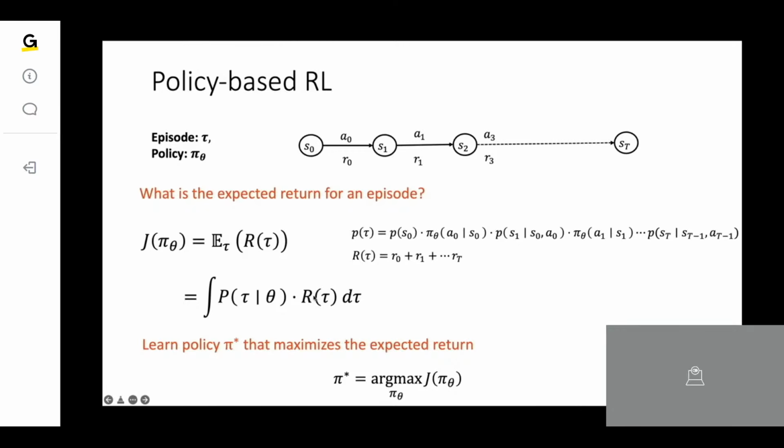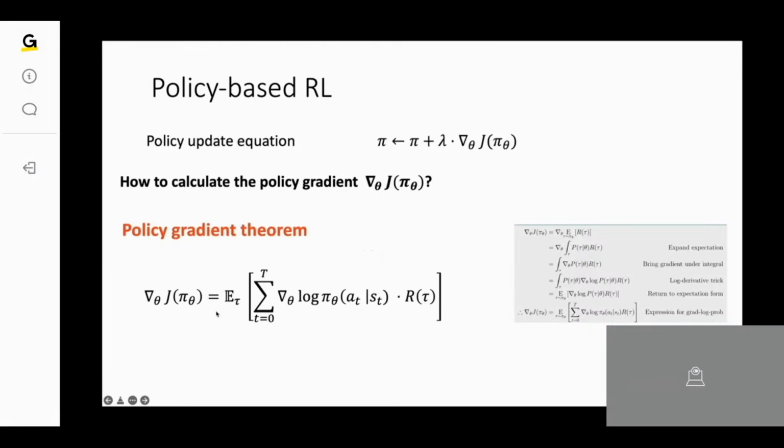Sorry, I have to go back and forth. You take a log, and this product will translate into a sum. By virtue of this policy gradient theorem, this gradient has now been distributed over those terms. When you consult the literature, this is known as grad log prob: this is the gradient, this is the log, and this is the probability term.